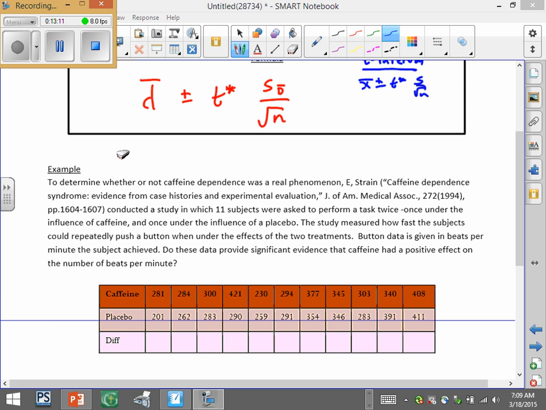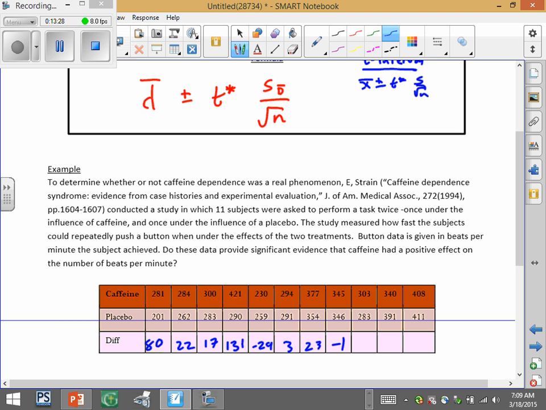So I took a moment and put all that data into the calculator, and the differences that kick back to me are 80, 22, 17, 131, negative 29, 3, 23, negative 1, 20, 340 minus 391, negative 51, and then negative 3.